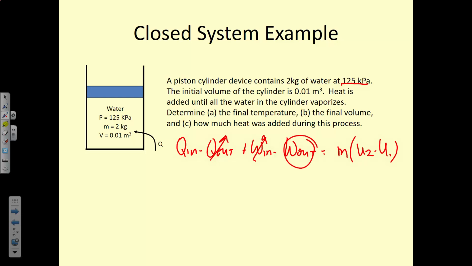Yes. What is the work out? Boundary work. And then we have initial and final states. So Q in is equal to m times u2 minus u1 plus the work out, which is also the boundary work, right? How would we rewrite boundary work?